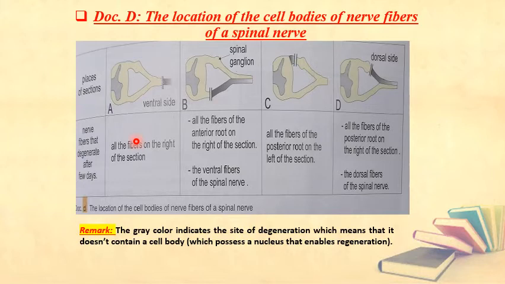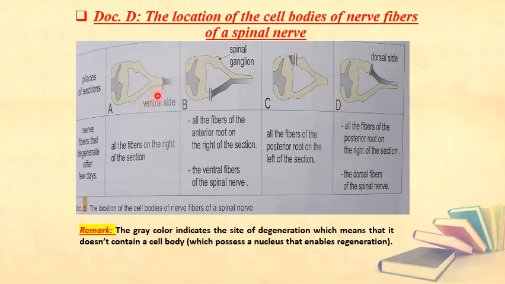Four experiments were applied. The first one is places of sections. It is showing you the place where they sectioned, where they cut, in order to check for the location of the cell body. They cut here at the end of the ventral root.